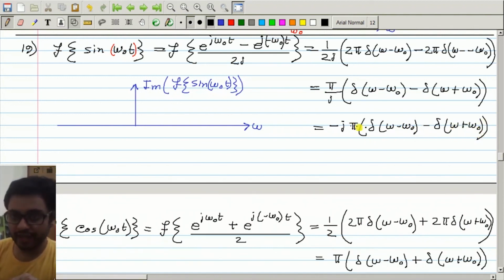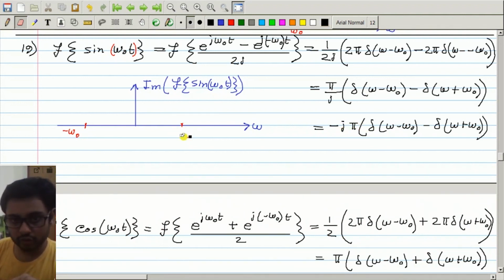Okay, so we will have two delta functions, one located at omega naught somewhere here, another located at minus omega naught somewhere here, and the amplitude of this delta function is minus pi.